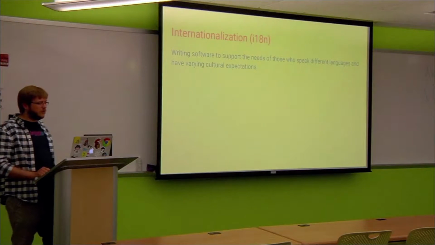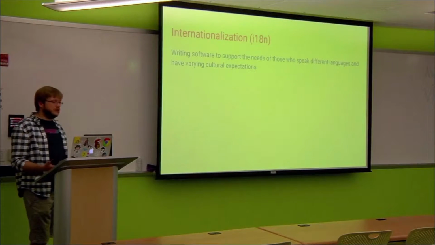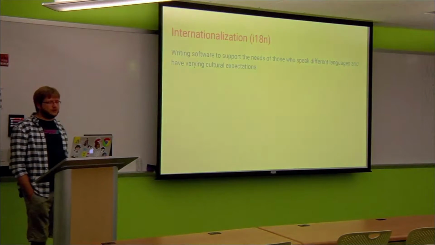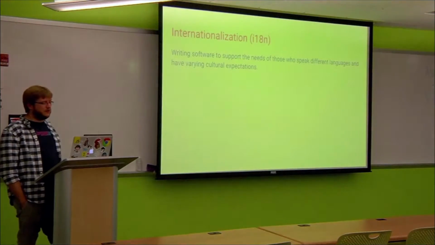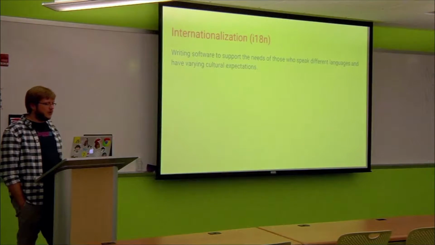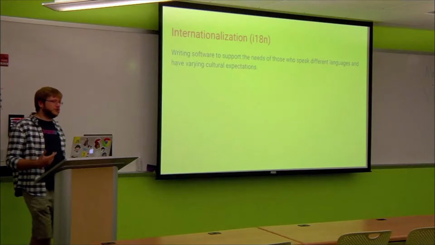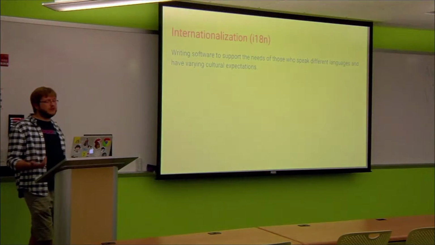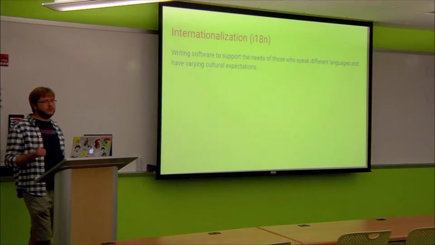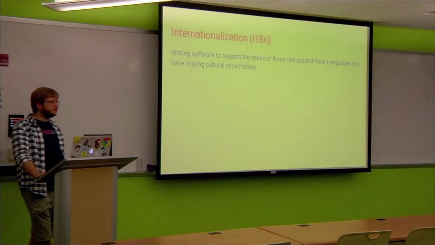But as I said, I just want to get some terms out of the way. So the first is what is internationalization, or I-18N as it's often abbreviated. Basically, we're talking about writing your applications to be able to support or recognize the fact that you're supporting people from different languages and different cultural backgrounds.